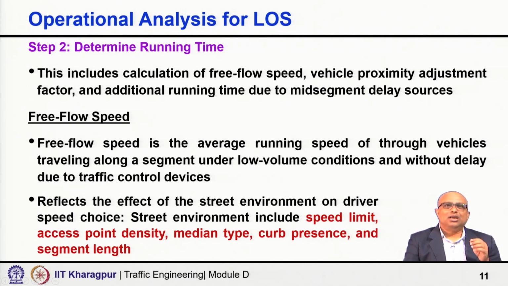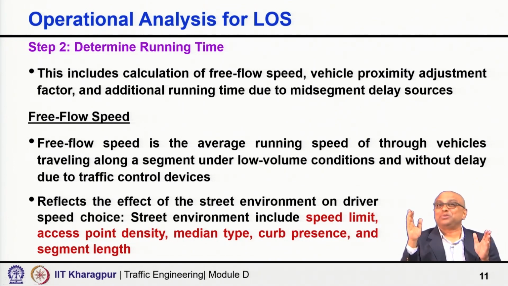Now, it reflects the effect of street environment on driver speed choice. What do I mean by speed environment? Maybe the speed limit, access point density, type of median, curve, and also the length of the segment.